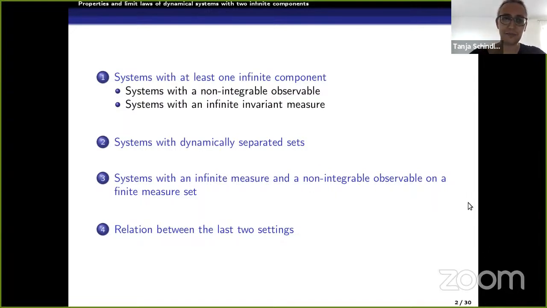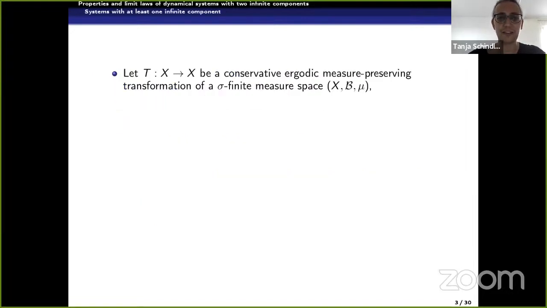Okay, so let's start with some systems with one infinite component, and in general, we consider T as a transformation which is conservative, ergodic, and measure preserving on a sigma-finite measure space. At the moment we don't specify if it's finite or infinite.